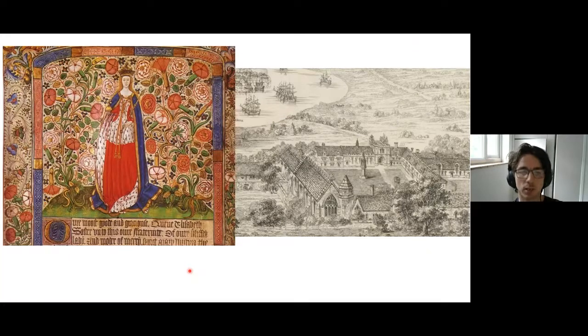We can see that interplay between political and religious life very closely in the image on the left-hand side. This is an image from the Skinners Company, from their fraternity book, and Elizabeth Woodville was a patron and a member of that fraternity. It's an illuminated manuscript, and it's very much drawing on religious iconography.